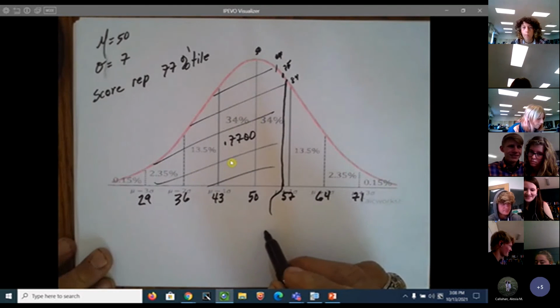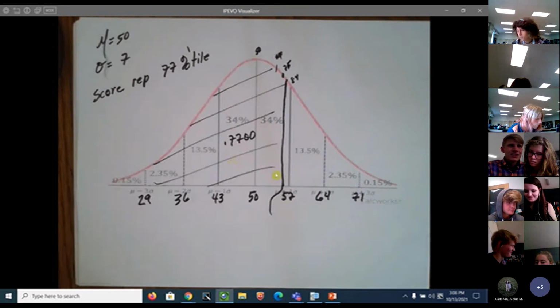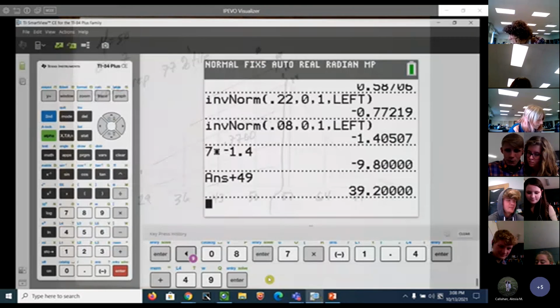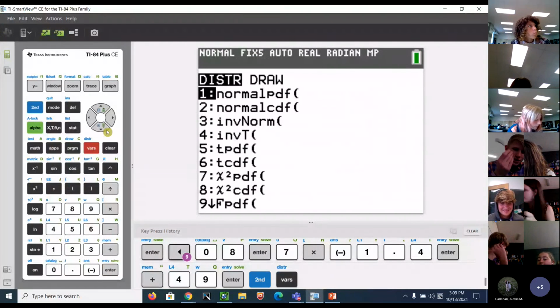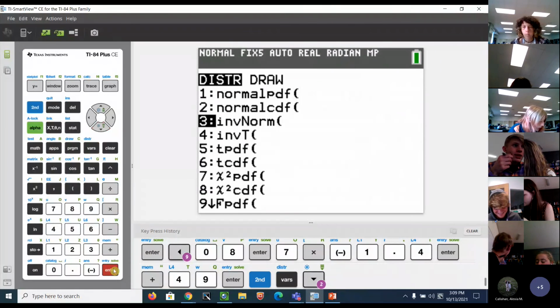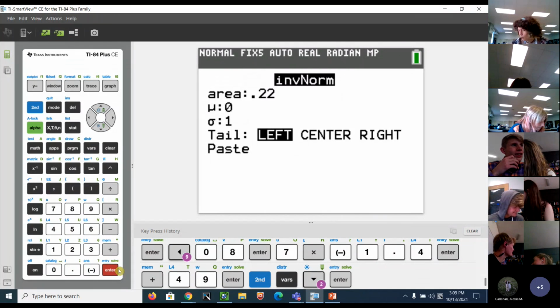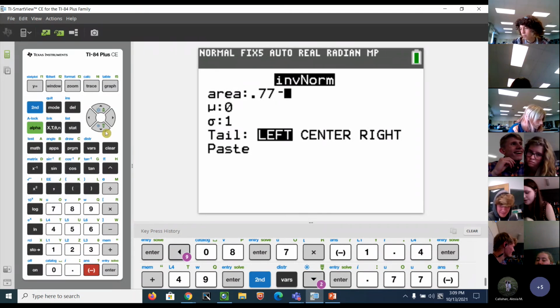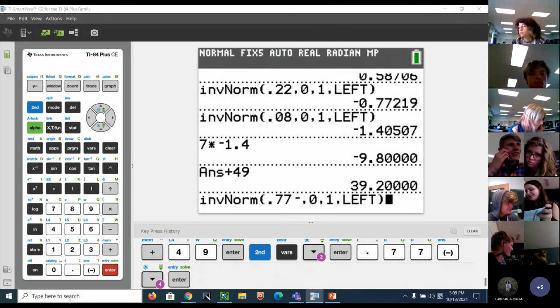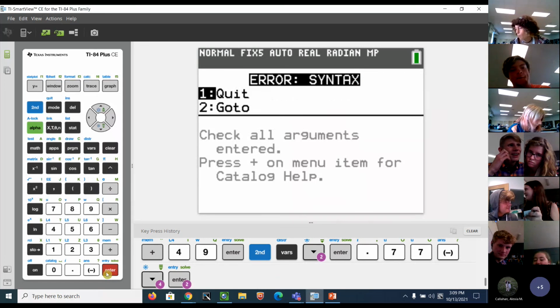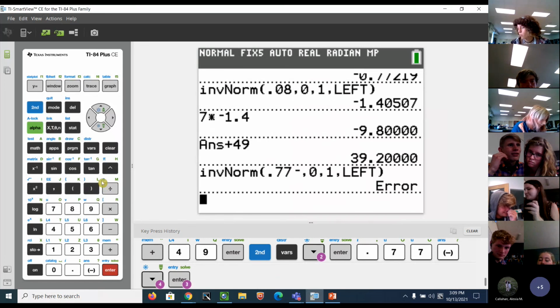And that's going to be, we need that z-score, so inverse norm. So second bars, inverse norm, 0.77, and paste, and enter, and it quit. I don't know why.